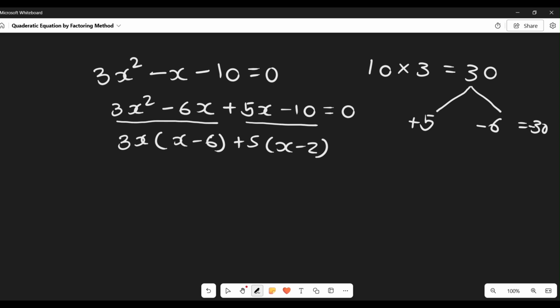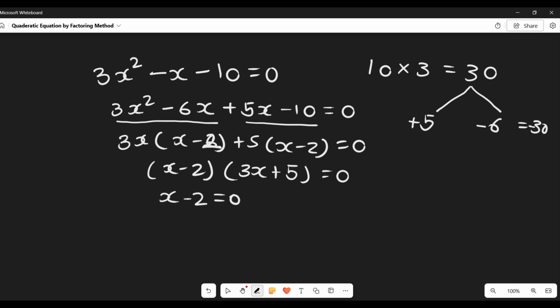Sorry, here it will be the 2. Okay, x − 2 and x − 2, so 0. So we can write (x − 2)(3x + 5) = 0. So either x − 2 = 0 or 3x + 5 = 0. So in this case x = 2, and in this case x will be −5 divided by 3.